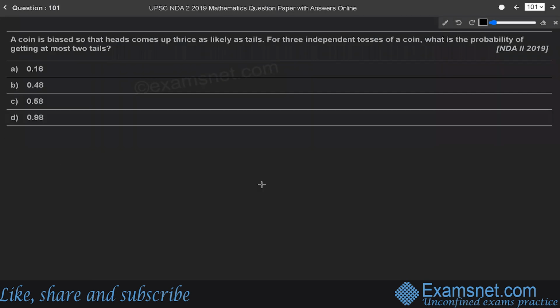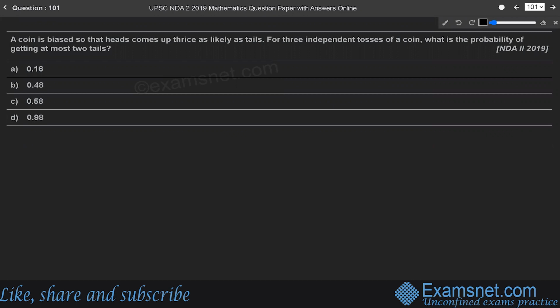Next question is, a coin is biased so that heads comes up thrice as likely as tails. For 3 independent tosses of a coin, what is the probability of getting at most 2 tails? So the concept which we have to use here is that there are 3 independent events.